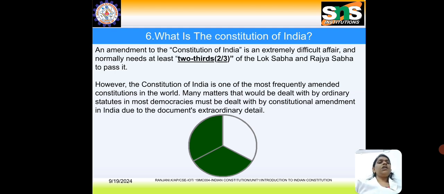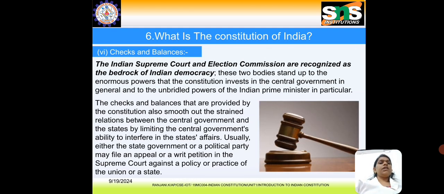However, the Constitution of India is one of the most frequently amended constitutions in the world. Many matters that would be dealt with by ordinary statute in most democracies must be done by constitutional amendment in India due to the document's extraordinary detail. So next is checks and balances. In India, the Supreme Court and the Election Commission are recognized as the bedrock of the Indian constitution.